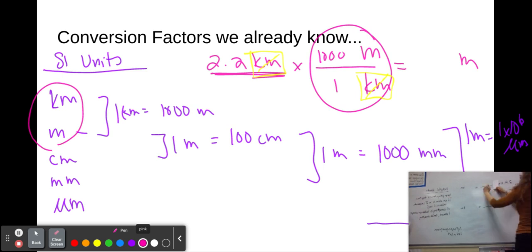So then I can write 1 kilometer on the bottom, 1,000 meters on the top, and it's set up. But if I start in meters, I want meters on the bottom, right? 1 kilometer, 1,000 meters. So we're going to write these cards so that they can help you get unstuck.